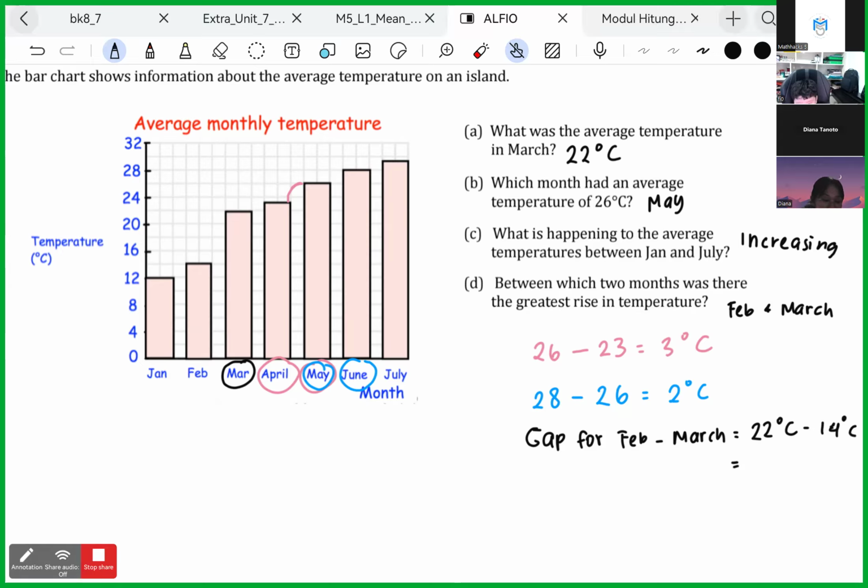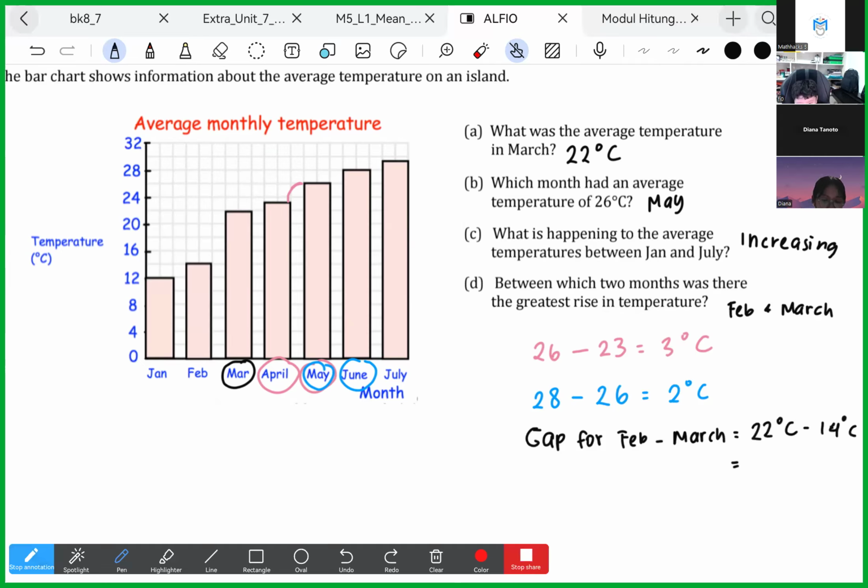What is 22 minus 14? The gap between February and March?